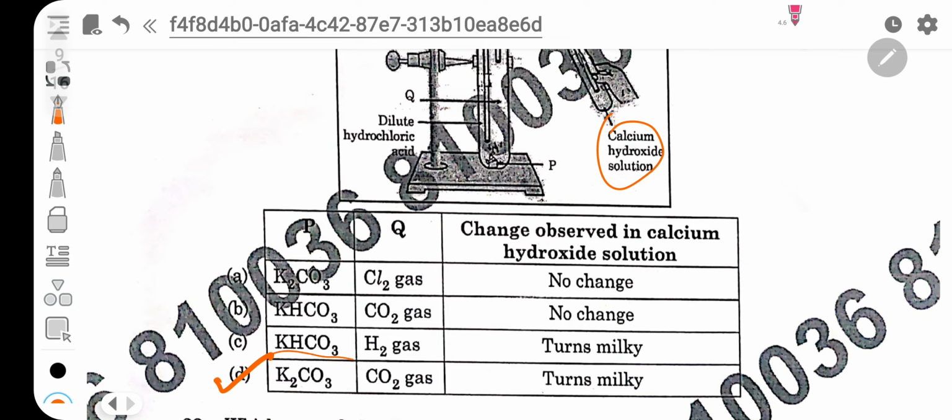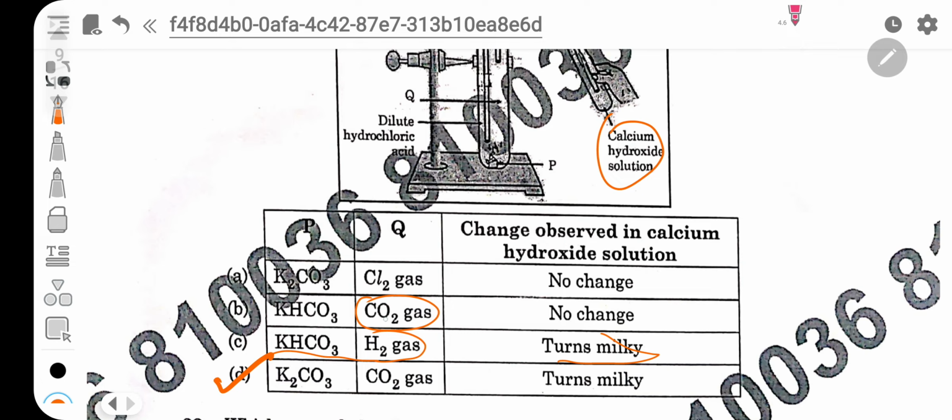If we see option C, KHCO3, hydrogen is not released, because the calcium hydroxide solution turns milky. With the release of hydrogen, the calcium hydroxide solution would not turn milky. Here there is no change, meaning there is CO2 gas. Any acid reacting with any metal carbonate or metal hydrogen carbonate produces CO2 gas and water.